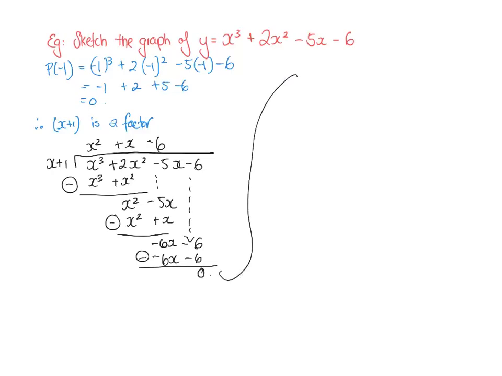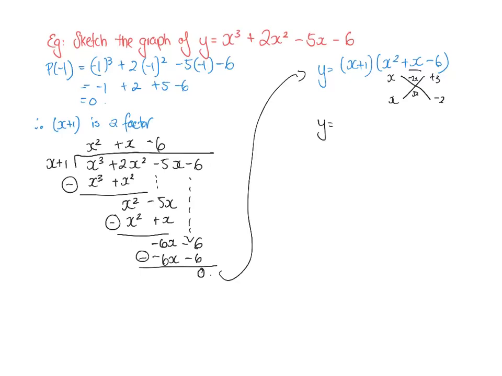So now we know that if we've factorized, y equals x plus 1 and x squared plus x minus 6. Then we can factorize this quadratic, and I might use plus 3 and minus 2, because that would give me minus 2x and 3x, and that adds to give that middle number.